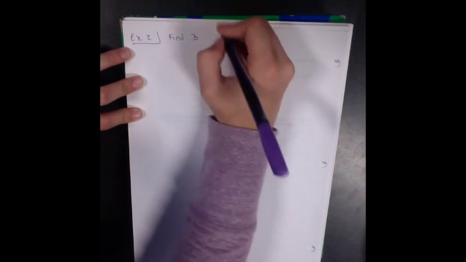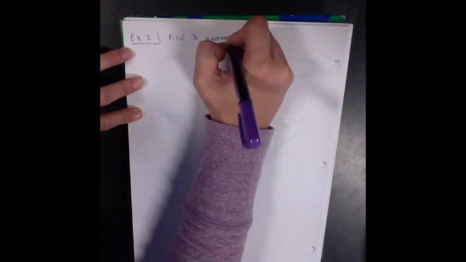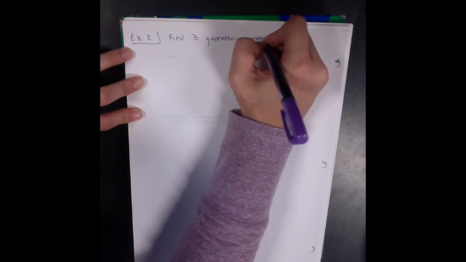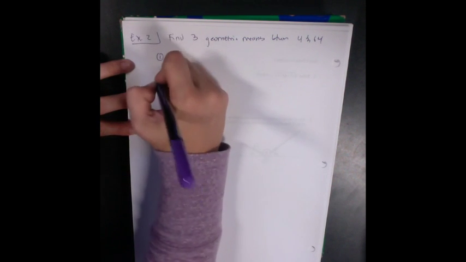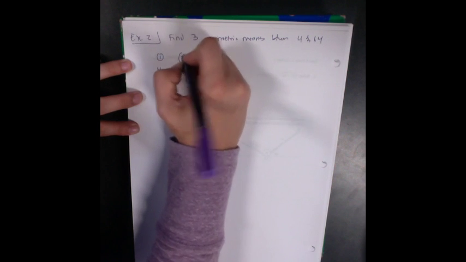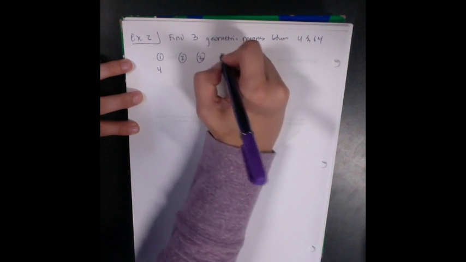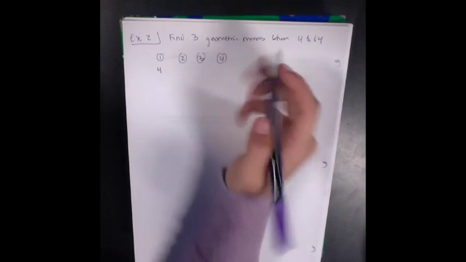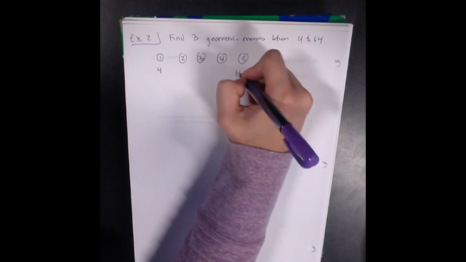Find 3 geometric means between 4 and 64. What this is telling me is my first term is 4, then I'll have 2, 3, 4. These are my 3 geometric terms. My fifth term is 64.